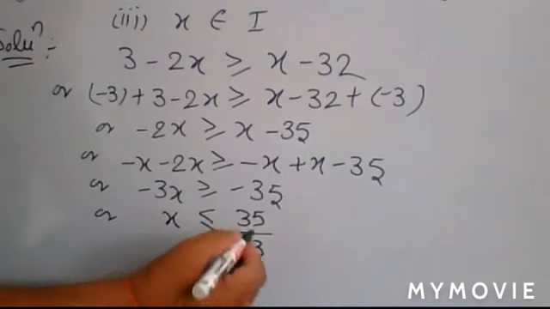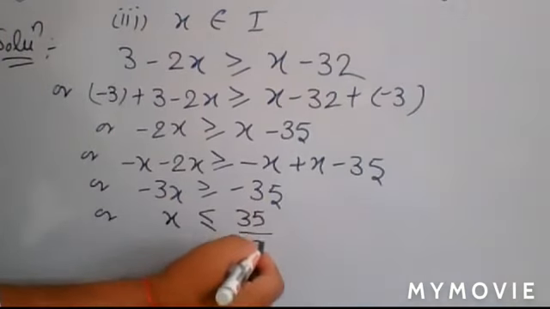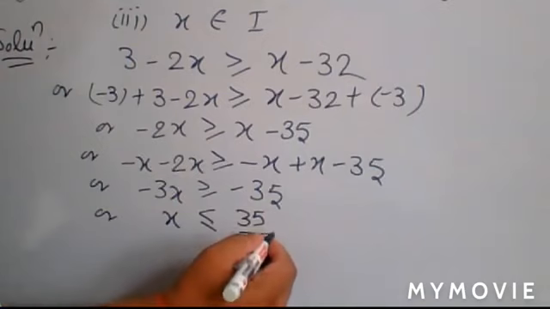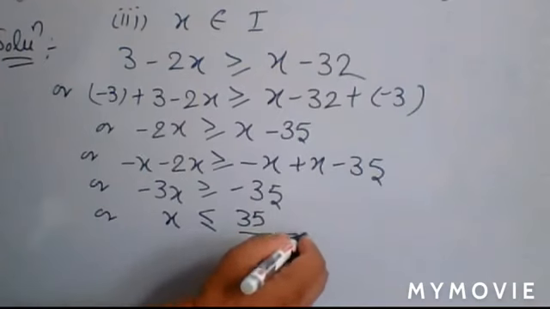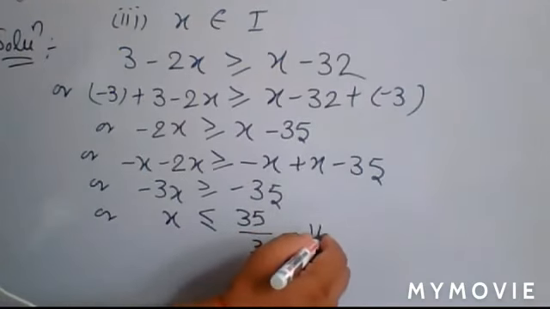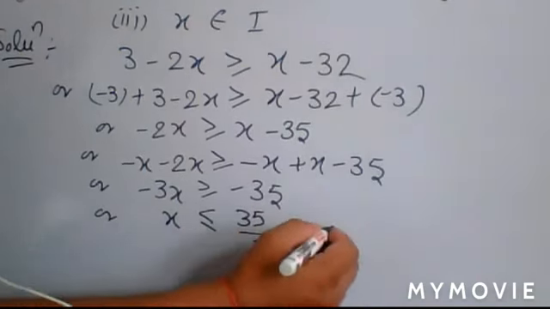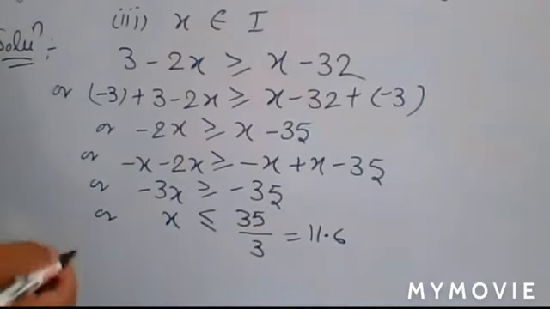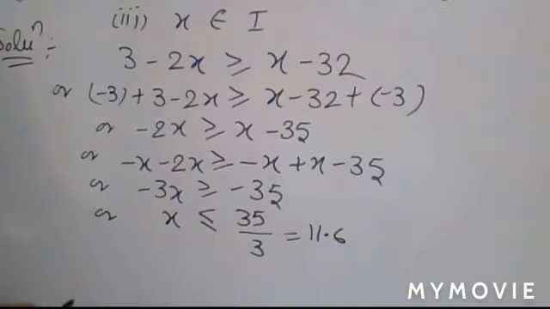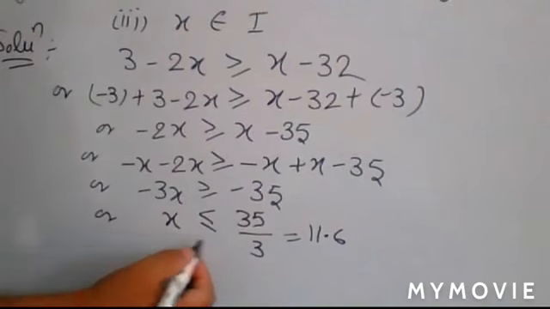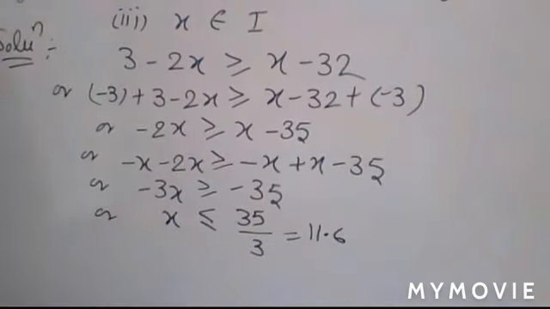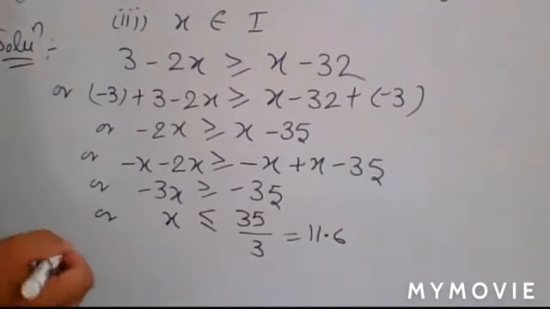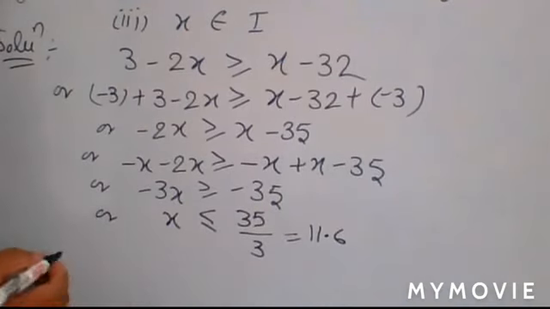If you simplify 35 upon 3, that is 11 point something, about 11.6. Now your result is x is less or equal to 11.6.